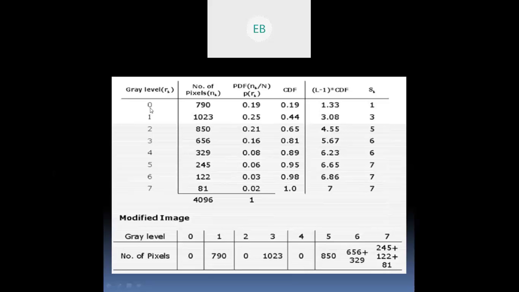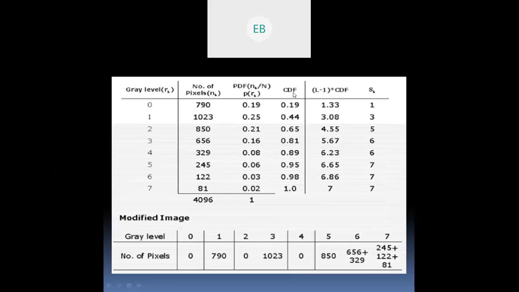Suppose for gray level 0 it is 790 by 4096, we get 0.19. Again 1023 divided by 4096, we get 0.25. Similarly, when we calculate till the 7th gray level, we get 0.02.